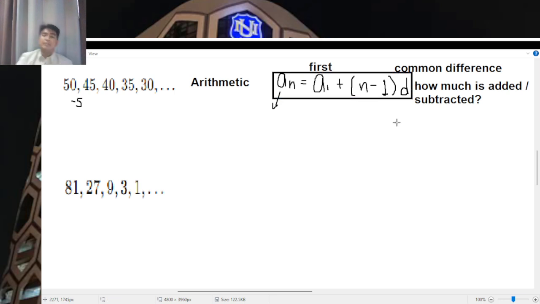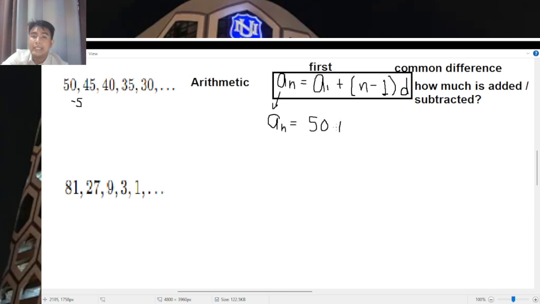There we go. Now, searching for the formula here, let's just find the first term and letter D, the common difference. So a sub n would be equal to the first term, which is the first number here, 50.